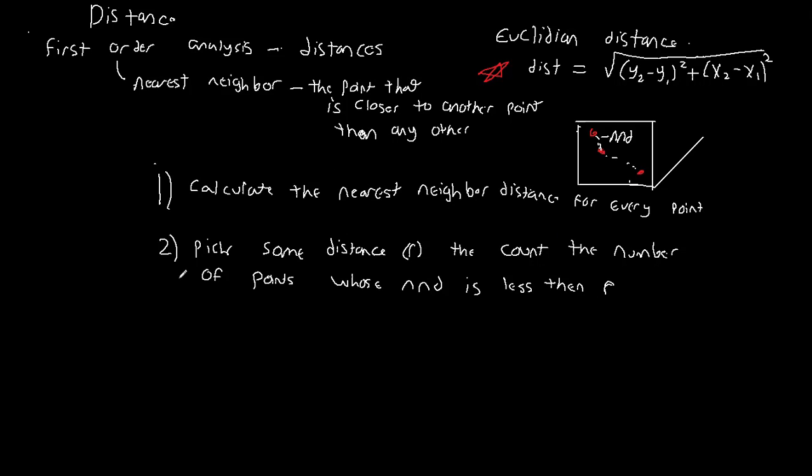Hopefully this makes sense. We're going to pick some arbitrary distance and compare it against all of those nearest neighbor distances. If it's less than r, we're going to count it. If it's more than r, we're not.